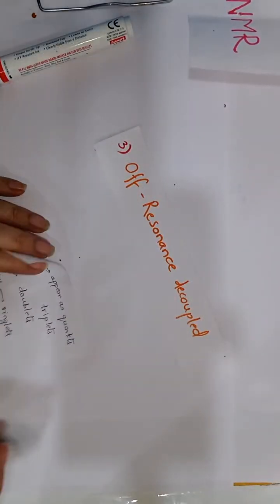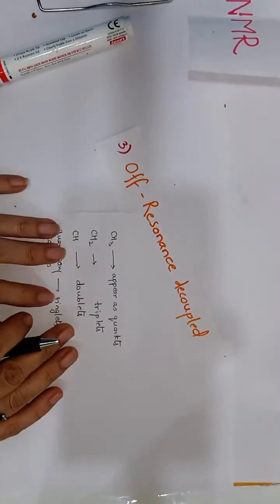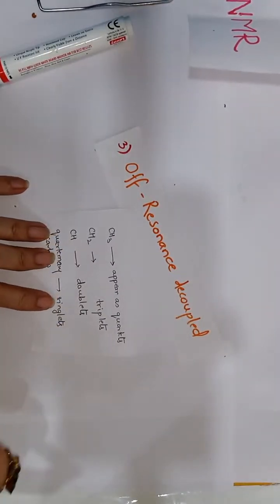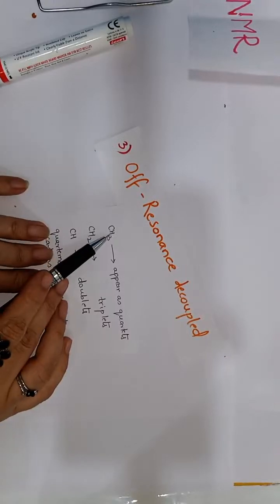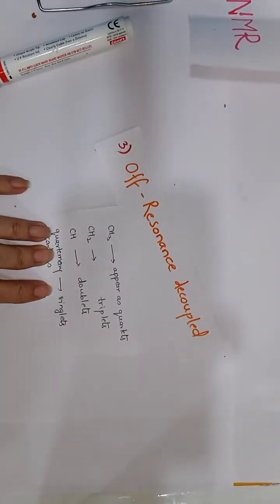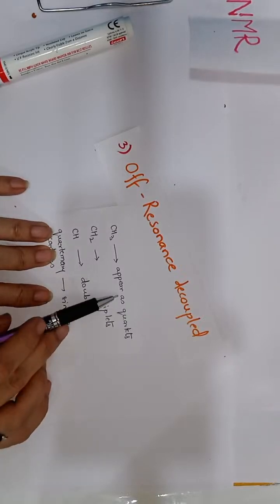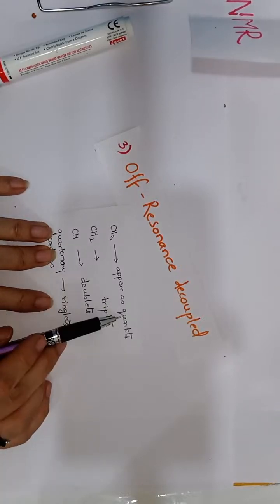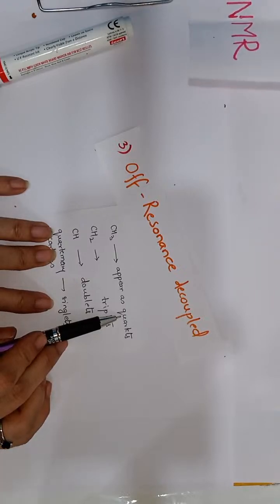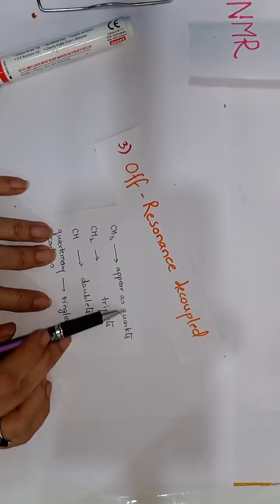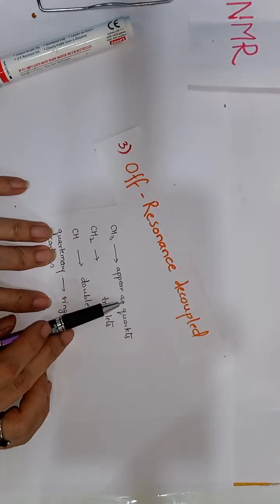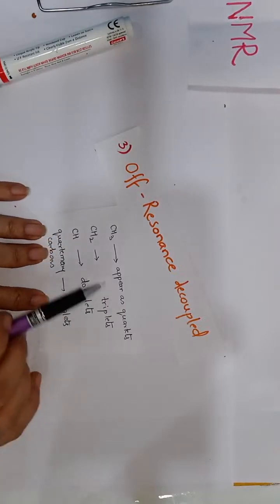Now, other than that, what kind of signals do we get? They will be line signals. If there is a CH3 group present, it appears as a quartet. These signals will appear as long lines and they appear as quartets. It will be counted in the form of multiplicity.